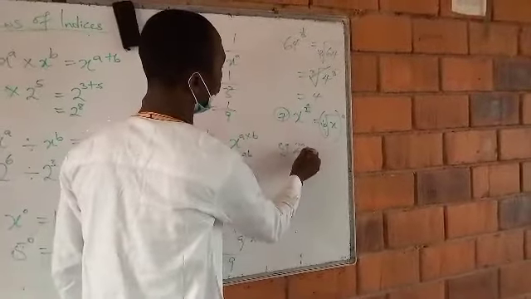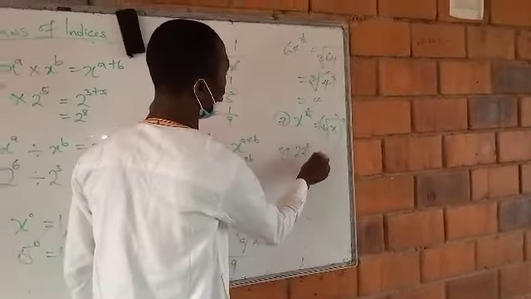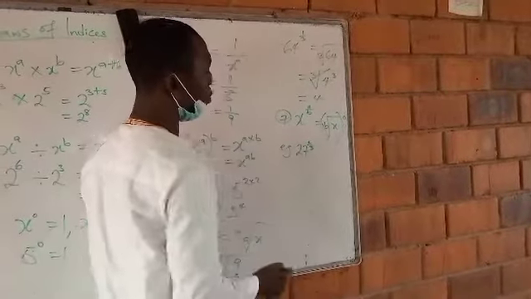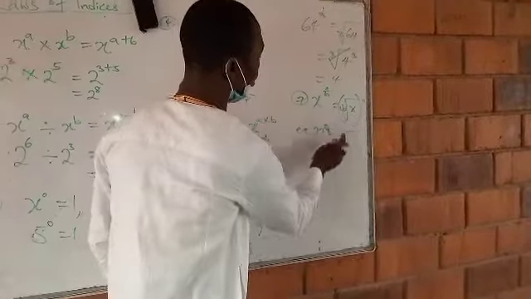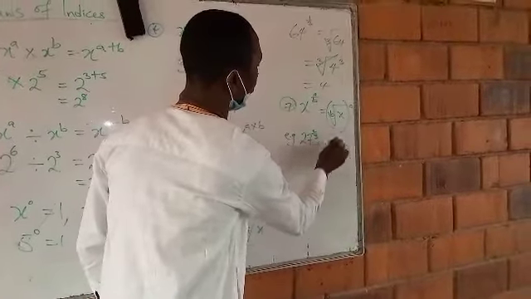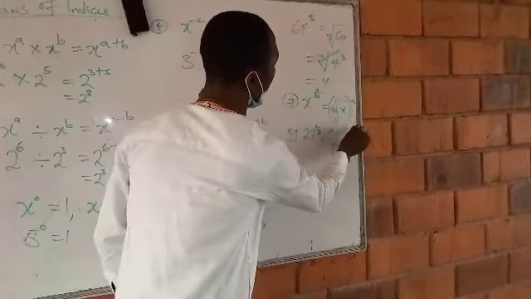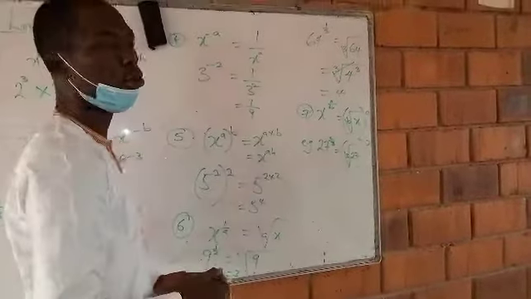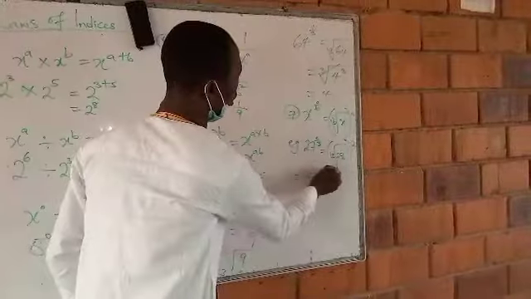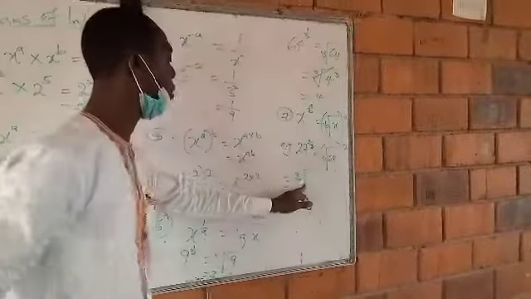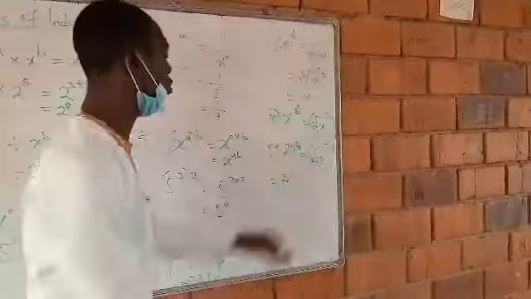For instance, if I have 27 raised to power 2 over 3, that means I'm to find the cube root of 27, then whatever I get, I raise it to power 2, which means cube root of, what am I going to multiply by itself 3 times that will give me 27?